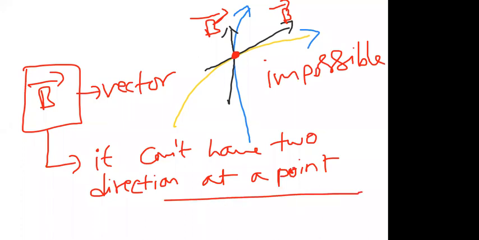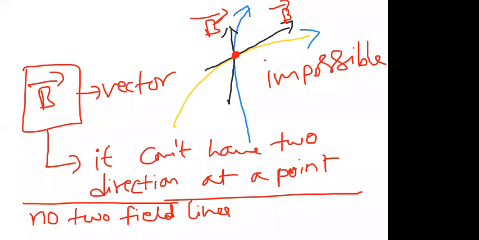So magnetic field lines intersecting is an impossible situation. Our conclusion: no two field lines intersect. Why impossible? At the point of intersection of two field lines, this is one field line and this is another.